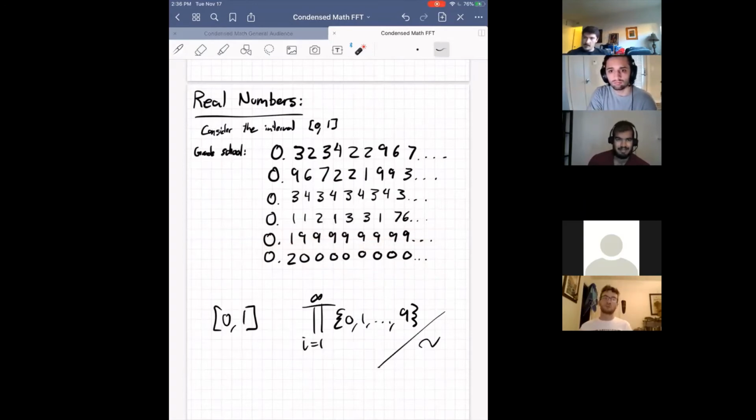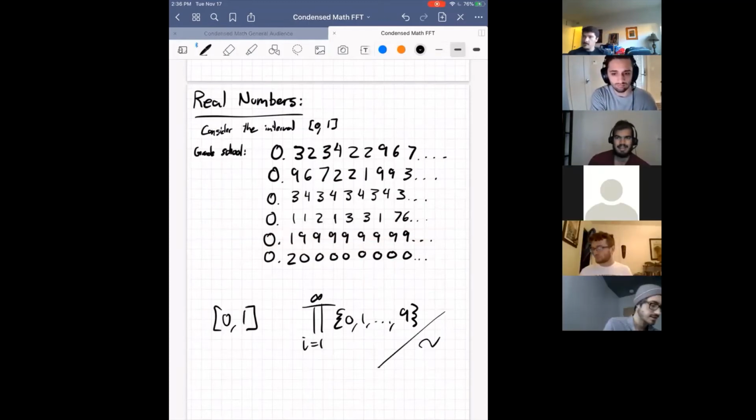This is confusing for grade schoolers and middle schoolers across the world. But what this shows us is that the interval is a quotient of a totally disconnected set.